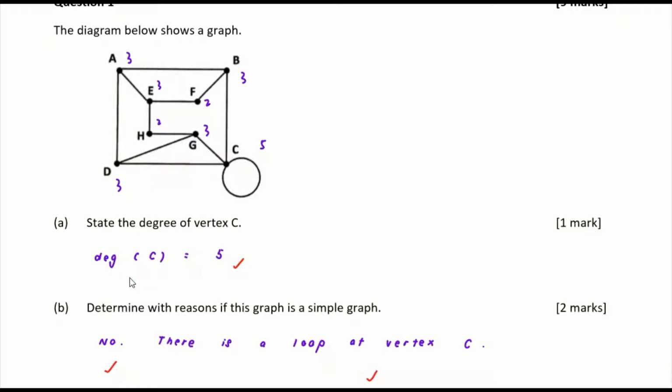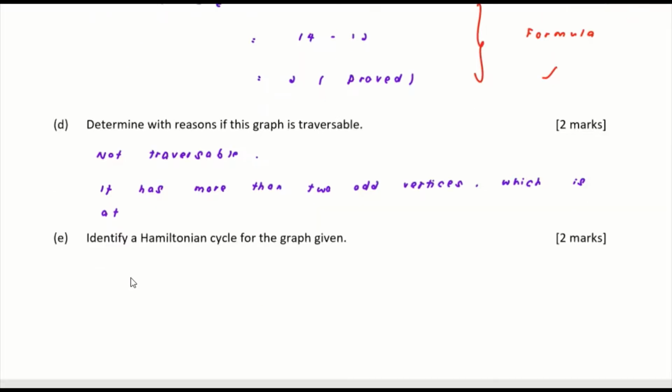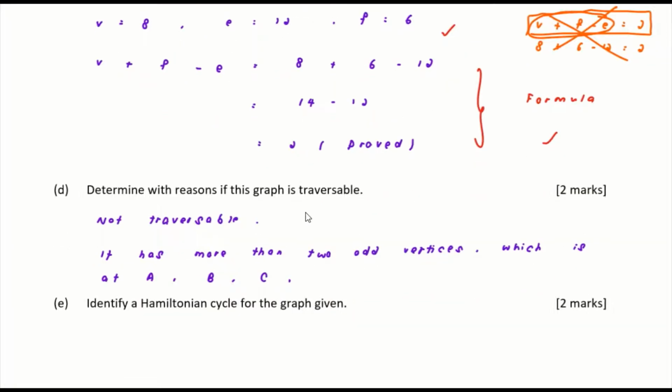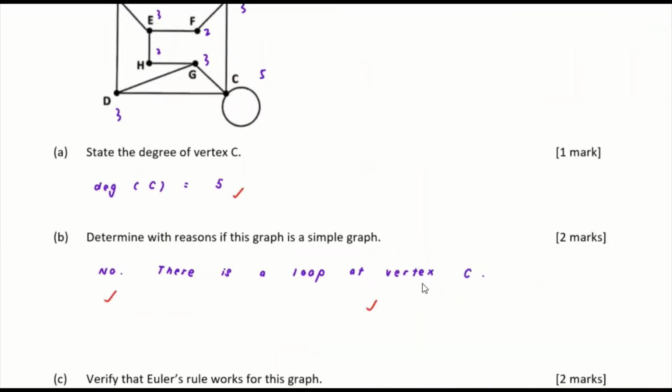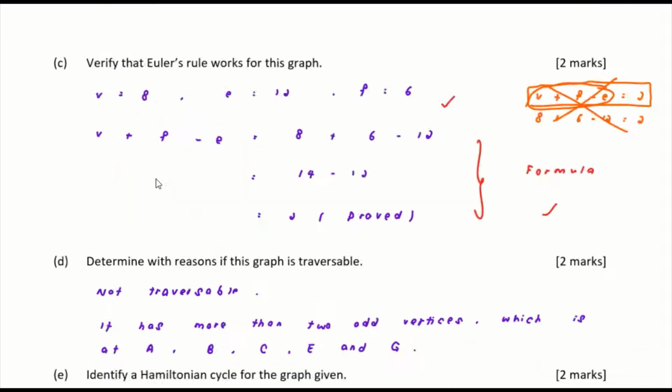A, B, C, D, E, G. A, B, C, D is D. A, B, oh, there's no E. A, B, C, E, and G. Alright, so that's how you write down your answer. 1, 2, 3, 4, 5, 6. What? That's a D. Sorry, I left it out.